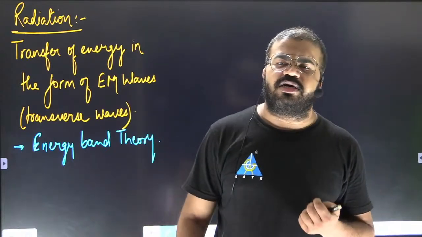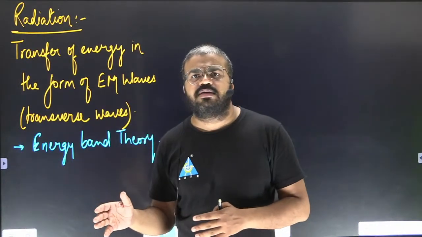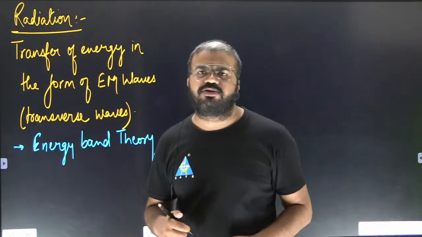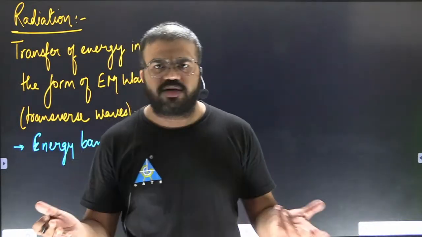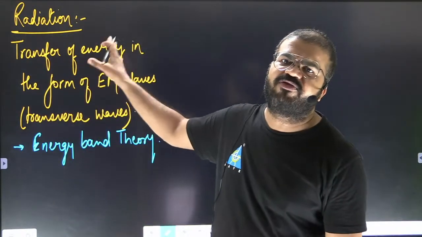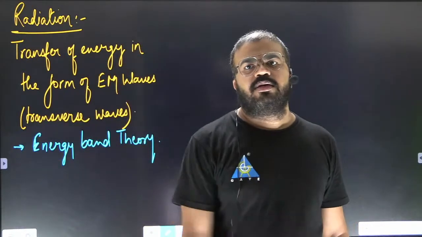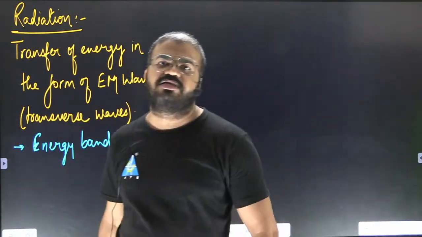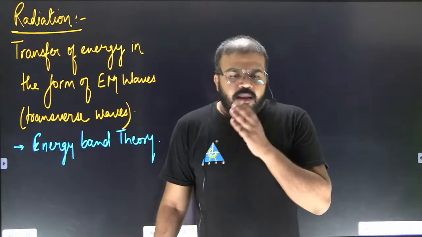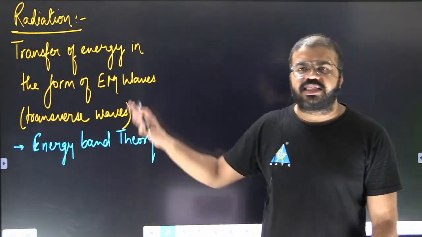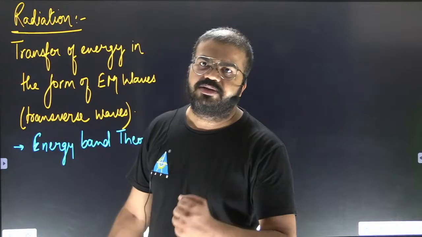No. So your stable state is something else, right? So you eventually come down to your stable state. How do you do that? By losing some energy. Yes or no? And that energy is lost in the form of electromagnetic waves. And that, my dear students, is known as radiation. Got it?